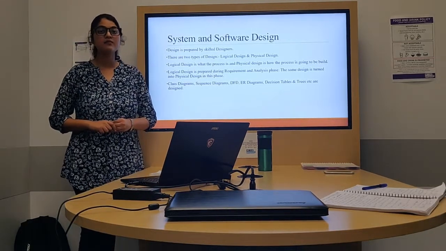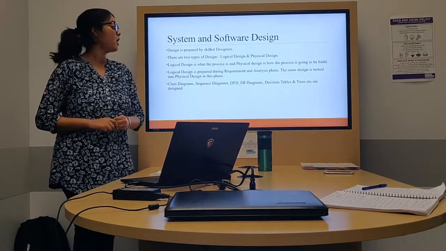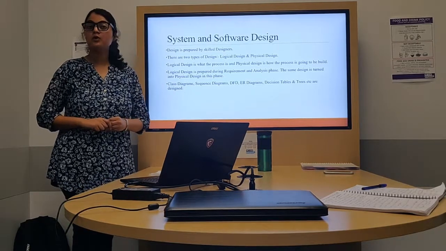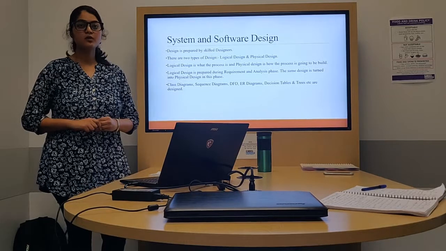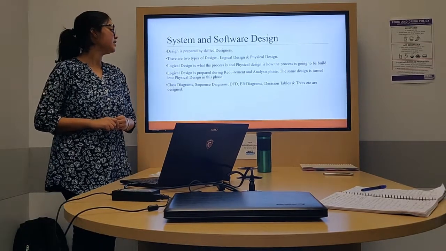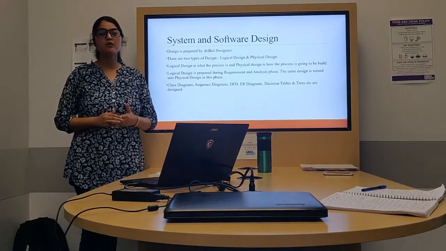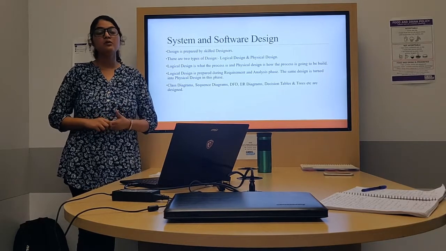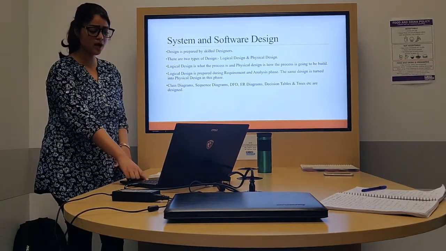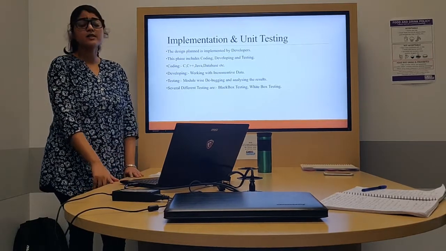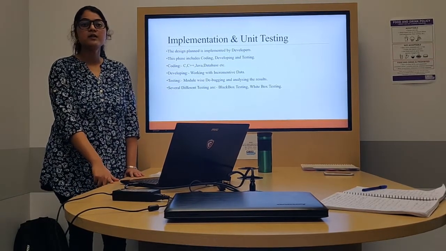On the other hand, physical design tells us how the system is going to be built, and represents the actual representation of the whole system. Initially the logical design is created, and then it is transferred to the physical design in the later phases.